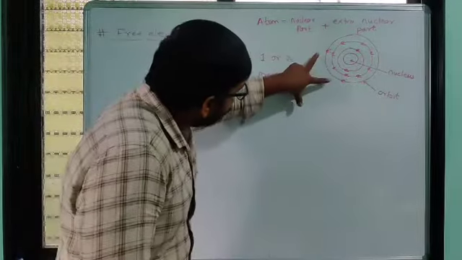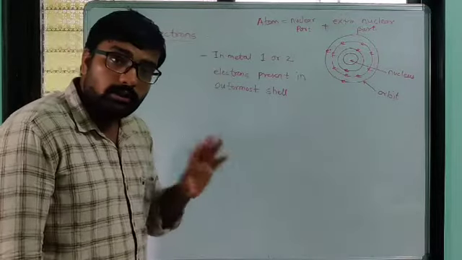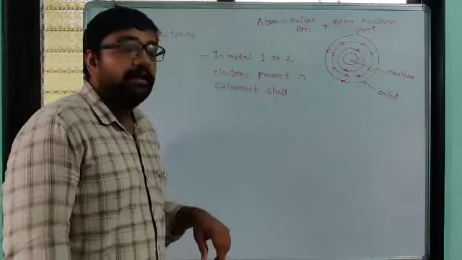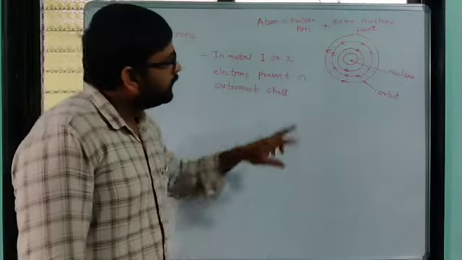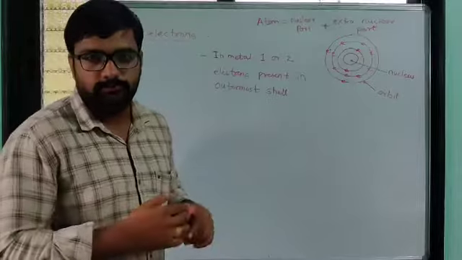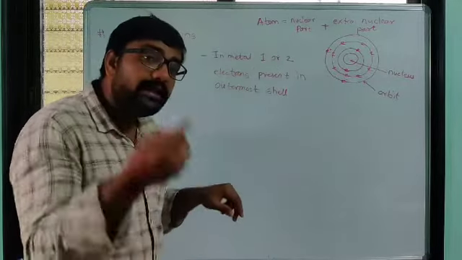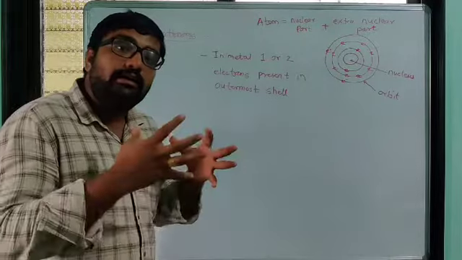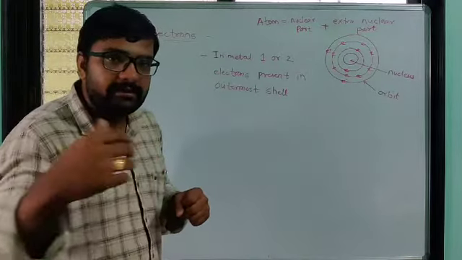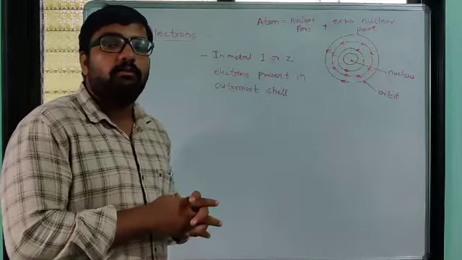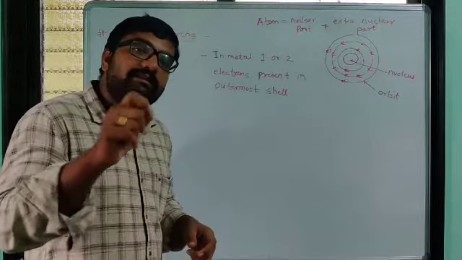Due to the loose binding of these outermost shell electrons in metals, these electrons can easily move from one atom to another. The one or two outermost electrons present in each atom of a metal are loosely bound to the nucleus, so they can easily move from one point to another point of that metal, meaning transfer of that electron can be easily done.